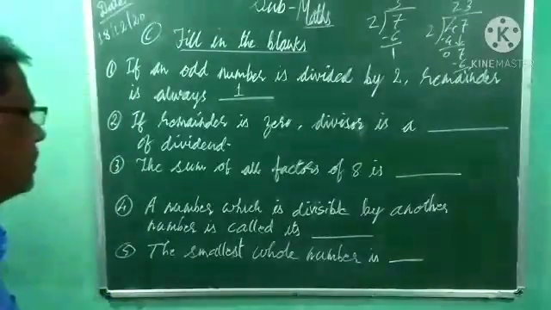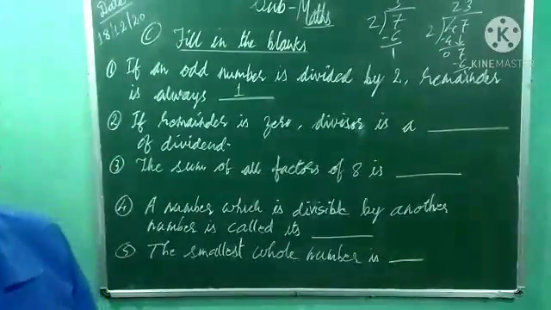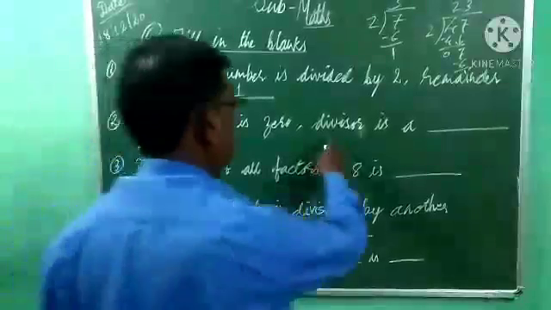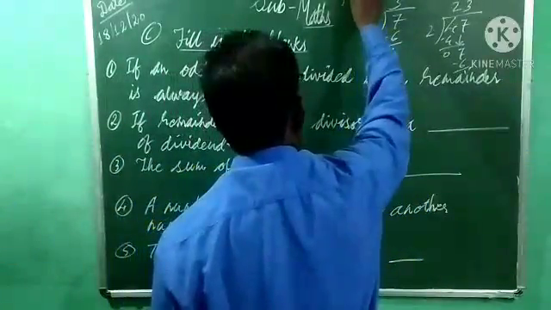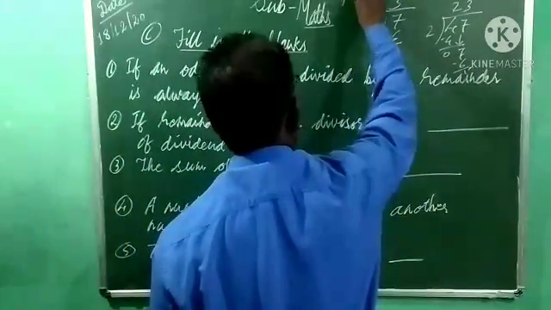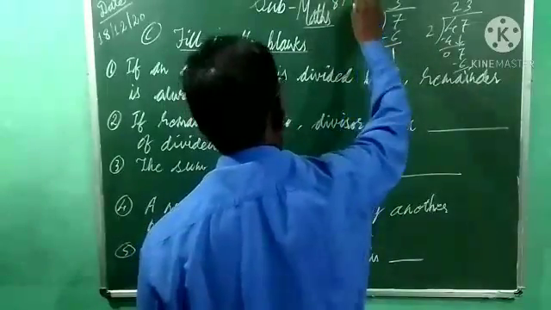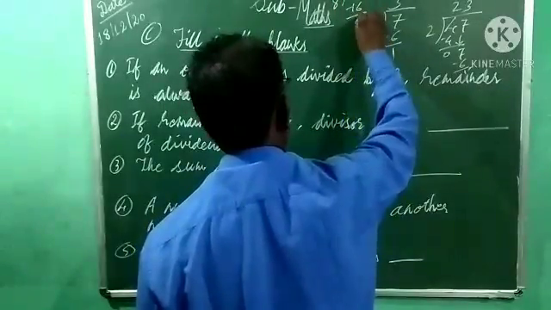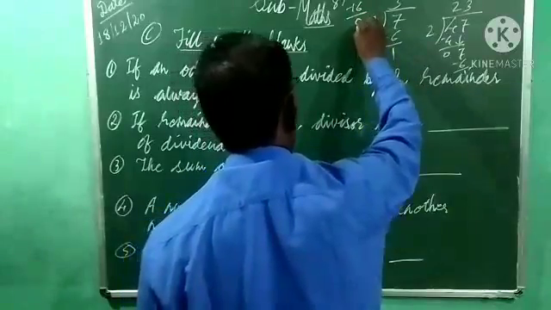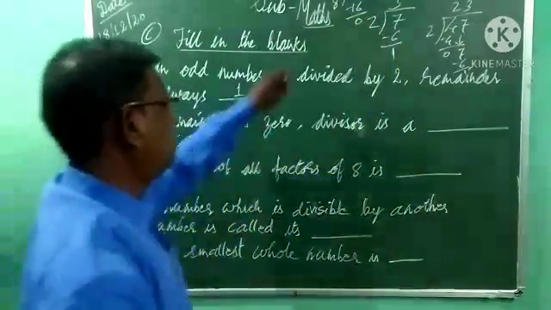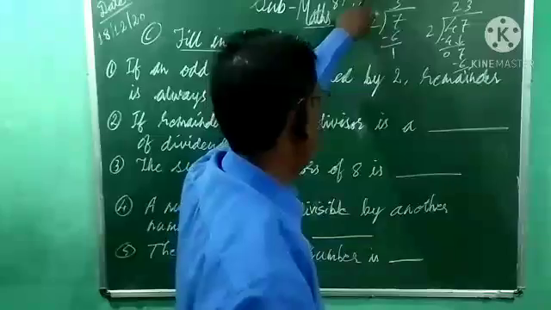Now next, second. If remainder is 0, then divisor is a dash of dividend. For example here, 16, and here I took 8. 16 divided by 8. 8 2s are 16. Now 16 minus 16, 0. If remainder is 0, then divisor, here divisor is 8 and dividend is 16.